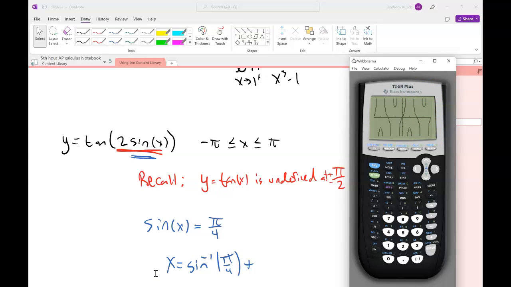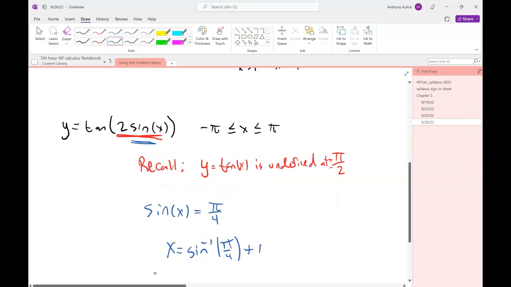So we should be getting 4 asymptotes. Well, that's 4 pi length, right? So it should be getting 2 asymptotes per pi, 1 at each end. So that's right. So this is just plus pi k, where k is an element of the integers.